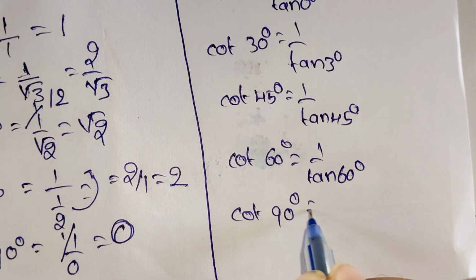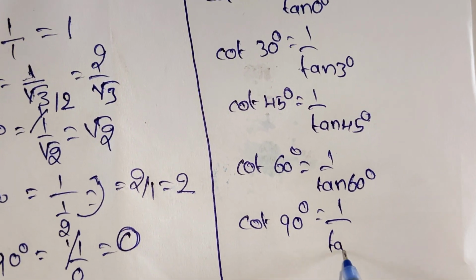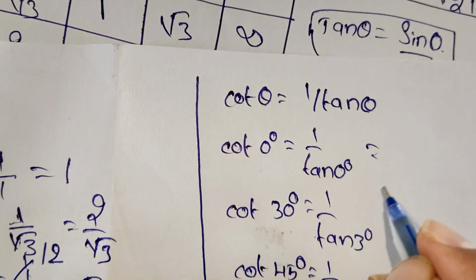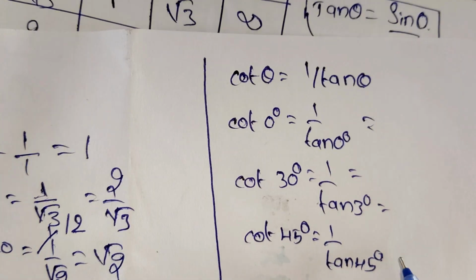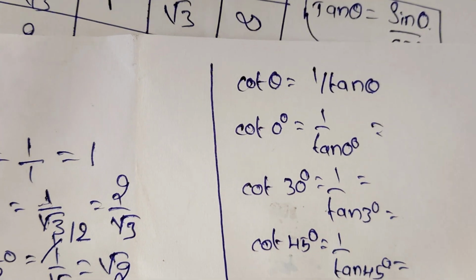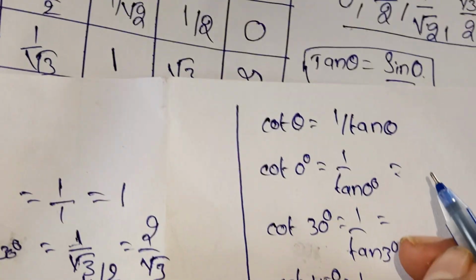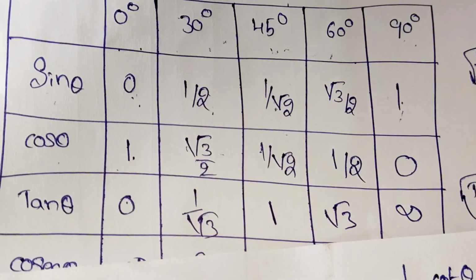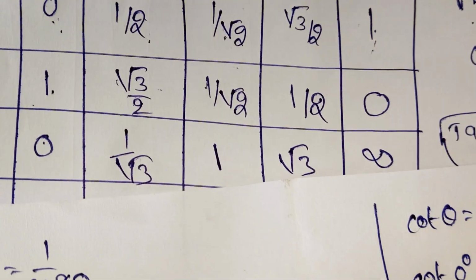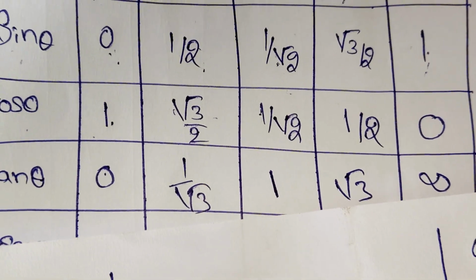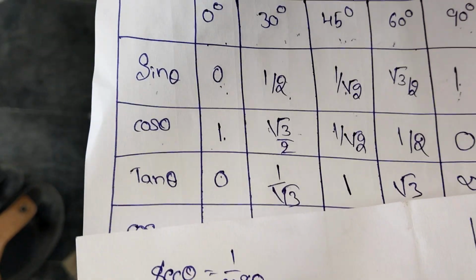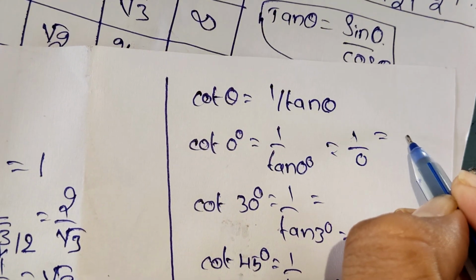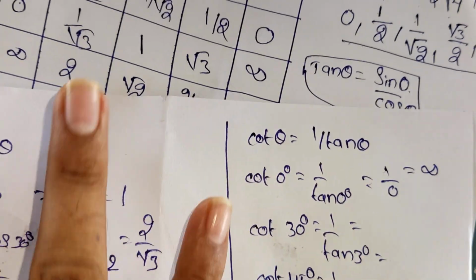Cot 90 degrees equal to 1 by tan 90 degrees. First of all we have to find the value of tan 0 degrees. The value of tan 0 degrees is 0. Now it becomes infinity.